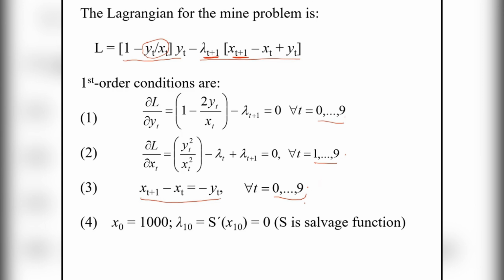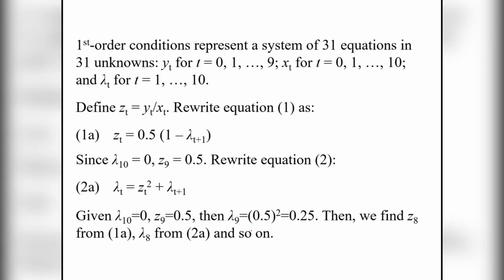So with x0 equal to 1,000 and lambda 10 set equal to 0, in other words, recalling our discussion above, we take all the ore out until that lambda is 0. So we're saying that we can't take all of the ore out, and we'll see that in a minute. So the first order conditions represent a system of 31 equations and 31 unknowns.